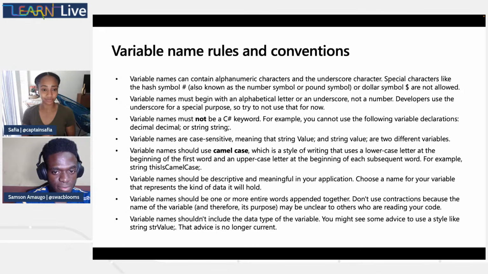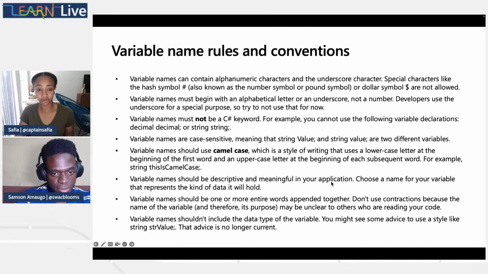There are a ton of different rules for naming variables. And then there's also some conventions. So there's things that you should not do. For example, variables can't be a keyword. So you can't have a variable called string. You can't have a variable called decimal or int or any of that, because those are reserved keywords that the compiler understands and has special meaning for when it is parsing a piece of code.